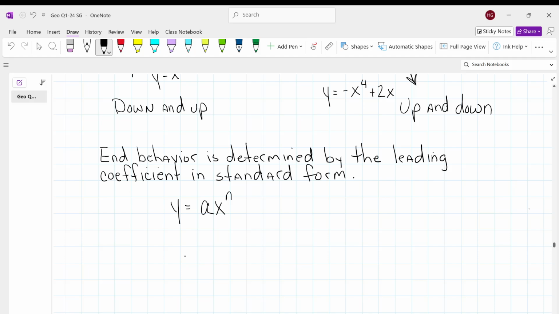So we're going to say that when a is positive and n is even, we got up and up.